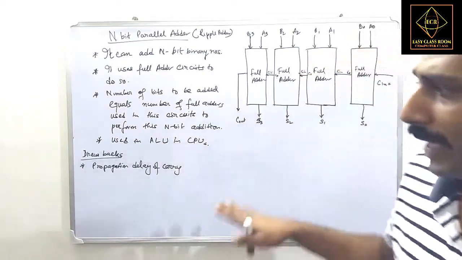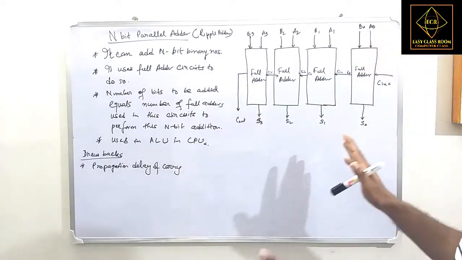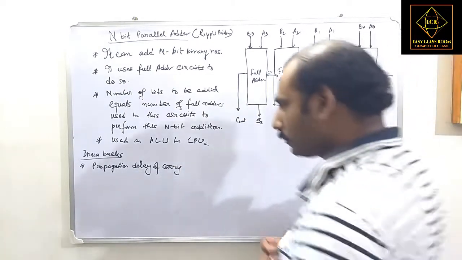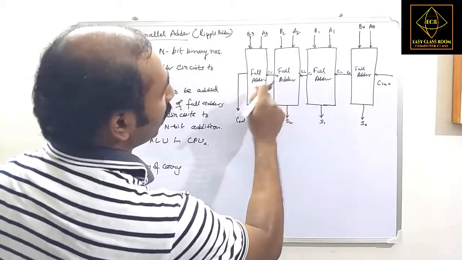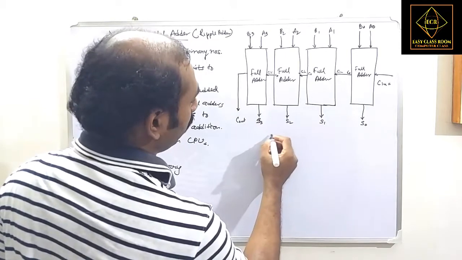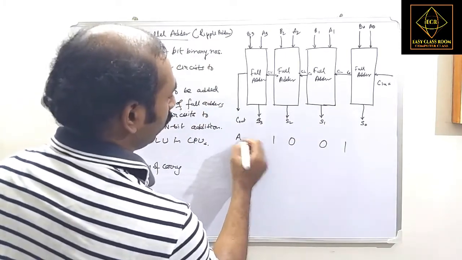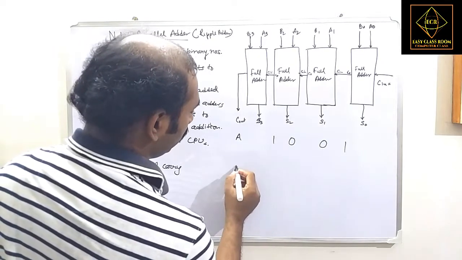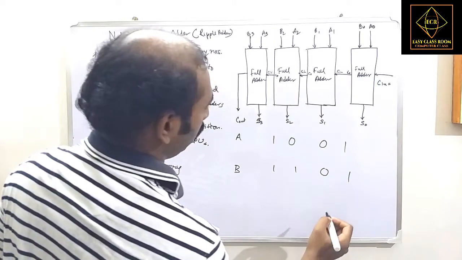Now there is a drawback, and we will not be going into the drawback as of now, but let us understand these things. Say for example, we are to add, and in this case there are 4 full adders, so we can have 4 bits. This is for A and this is for B, so 1 1 0 1.